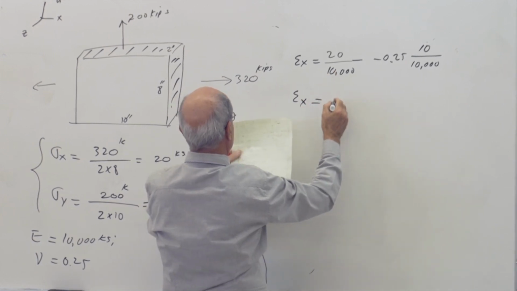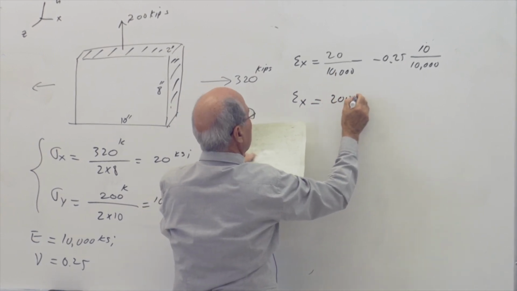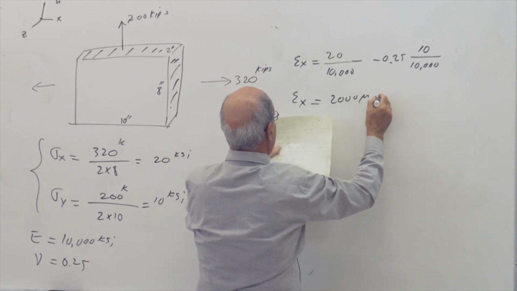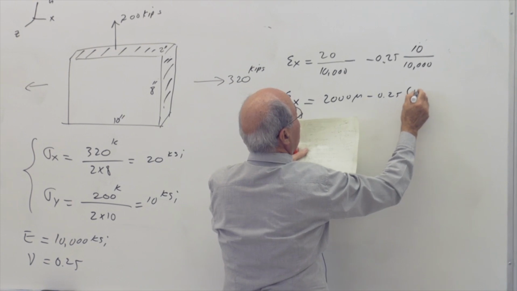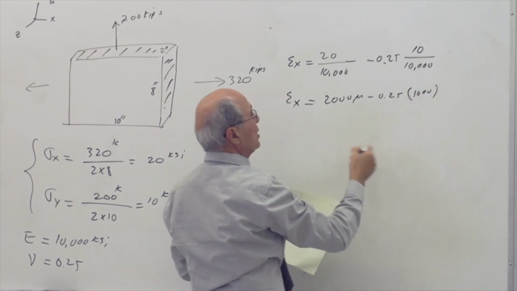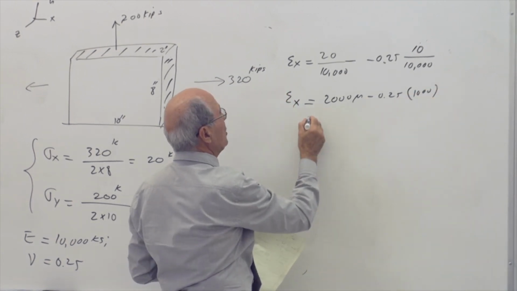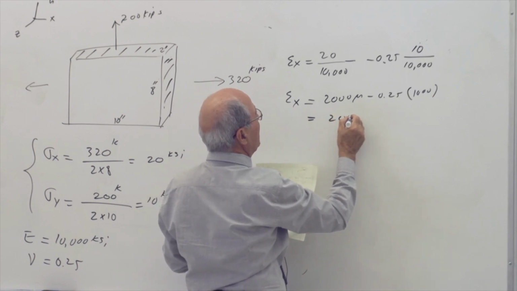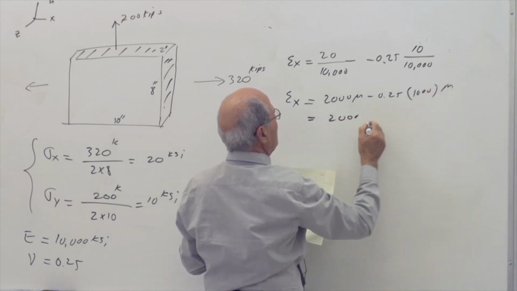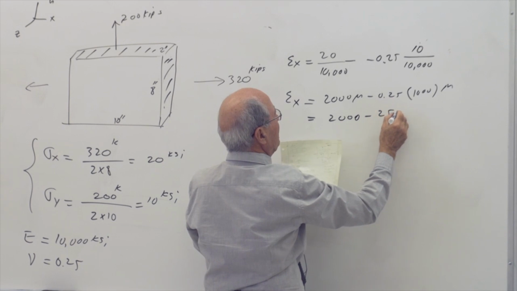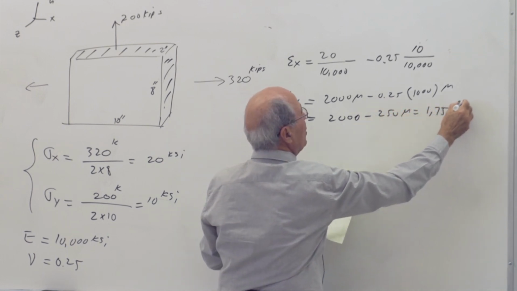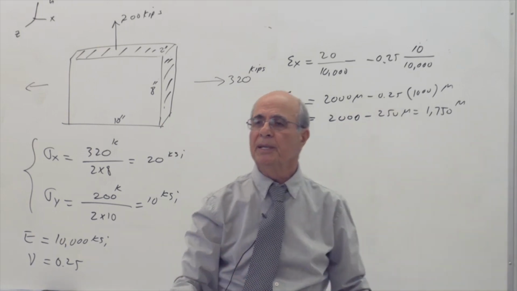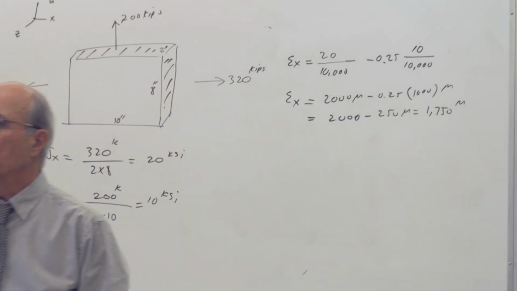This becomes equal to 2,000 micro, and this one becomes minus 0.25 of 1,000 micro. So epsilon x becomes 2,000 micro minus 250 micro, so it is 1,750 micro, and it is plus, which means it's going to be expanded. Yes or no? Correct?